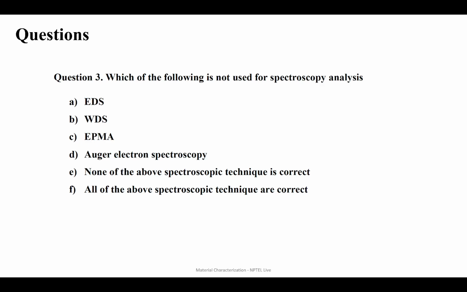Which of the following is not used for spectroscopy analysis? EDS, WDS, EPMA, Auger electron spectroscopy. None of the above spectroscopic techniques is correct. All of the above spectroscopic techniques are correct.